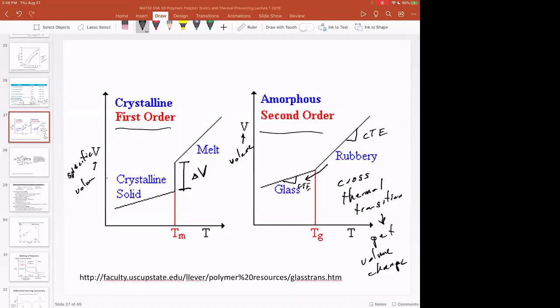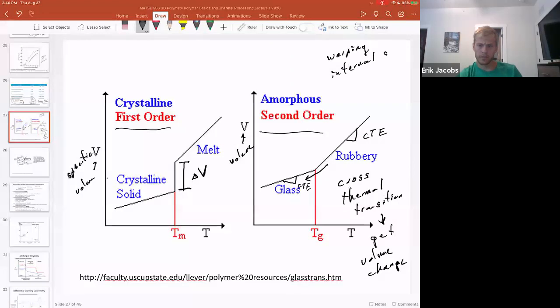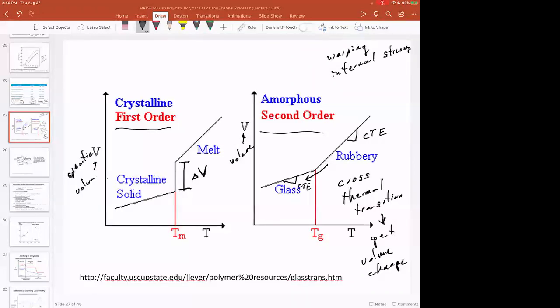So warping, internal stresses. And I guess if it gets bad enough, then you get cracking. That's right. You have internal stress first. If it's just a little bad, you get warping. If it's really bad, you get cracking.